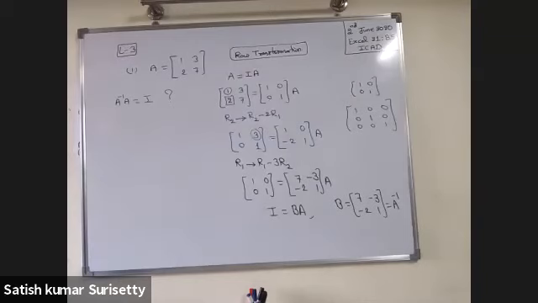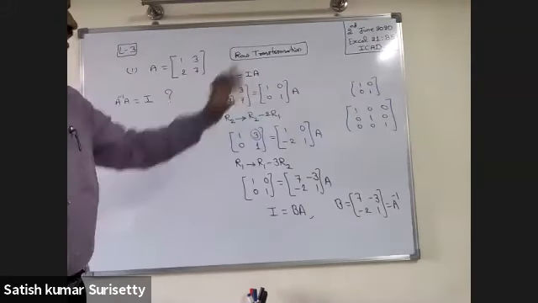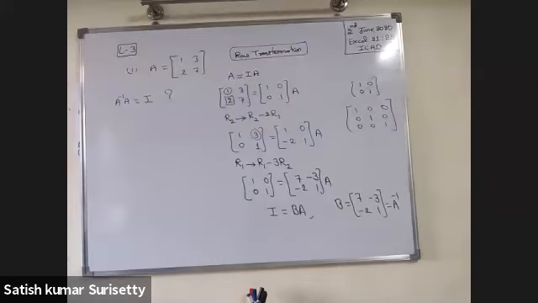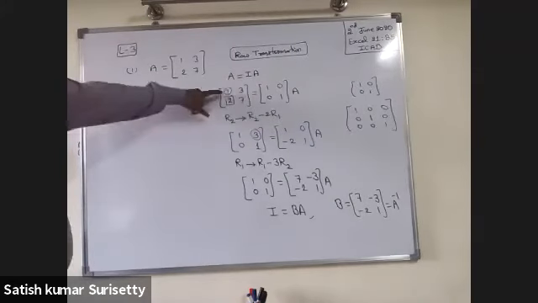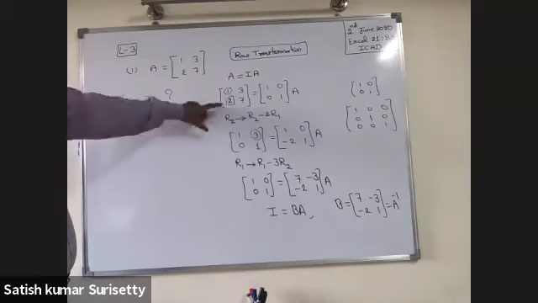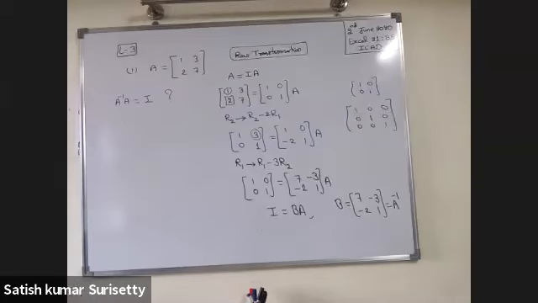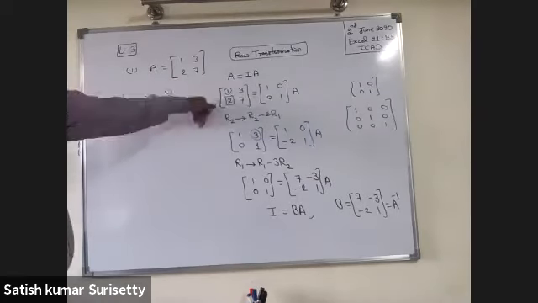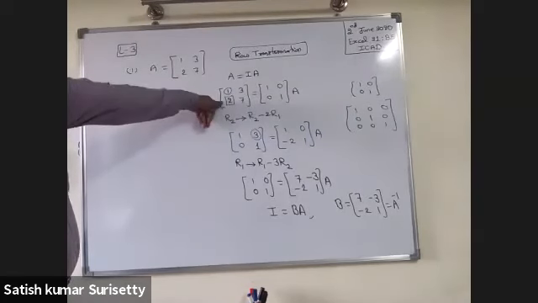So for a 2 by 2 matrix, we are trying to calculate the inverse. Write the matrix equation A equal to I into A and see that the first element A11 has to be 1. After making A11 as 1, you have to make all the elements below it 0 by applying the row operations. Because A11 is 1, A21 you have to make 0.